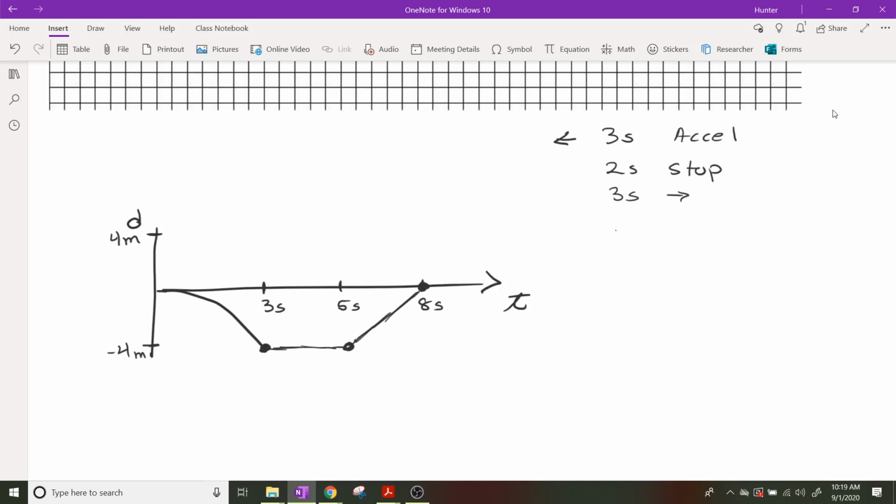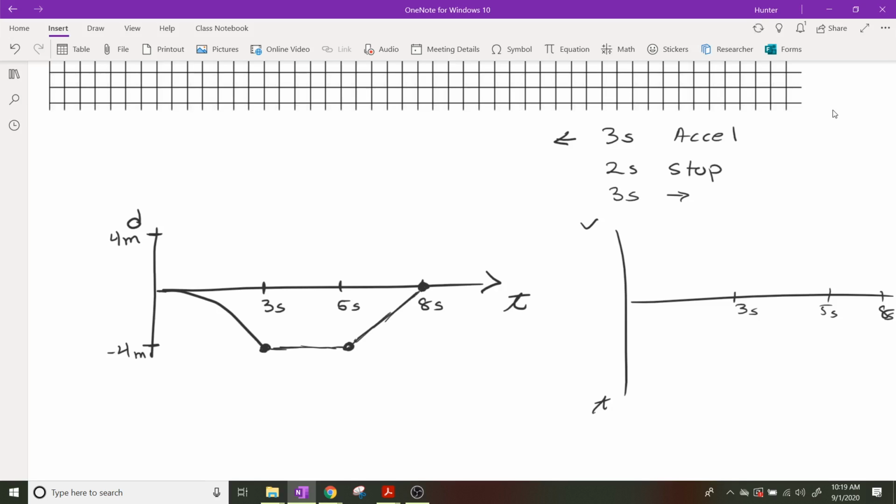Okay. What if we made a velocity time graph of this? So I'm going to over here just make a velocity time graph. And we know that the slope of a line is a velocity time graph's velocity, but we have a slight problem. That's a curve. So what are we going to do about this? You can't take a slope of it.